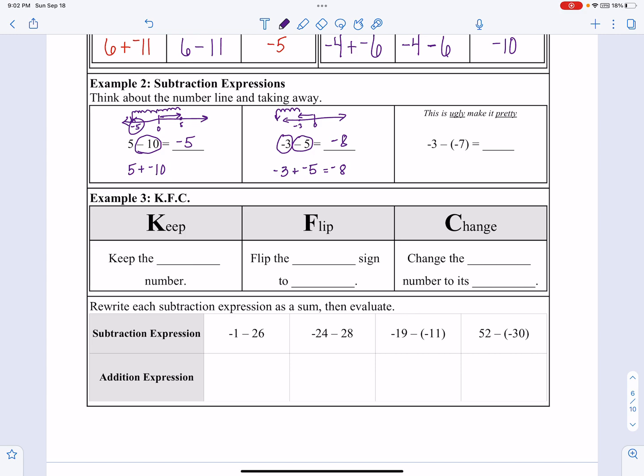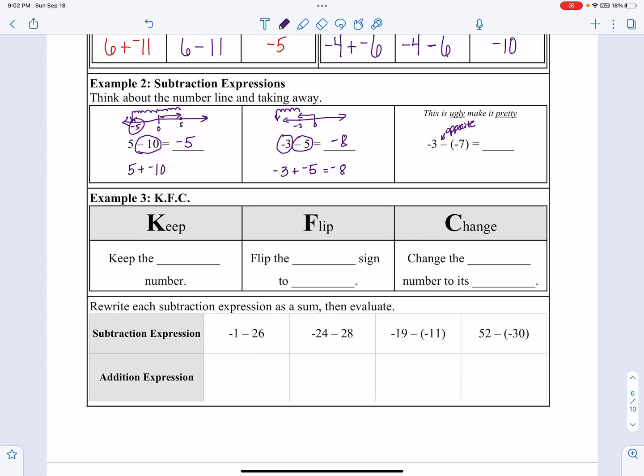All right, now this one's sort of ugly looking with the negative in parentheses, negative. And remember, anytime we see a subtraction symbol right outside of a parentheses or right outside an absolute value, do you remember what we say when we see that? If you said opposite, then you are right. So basically what I see here is I have a negative 3 and I have an opposite of negative 7.